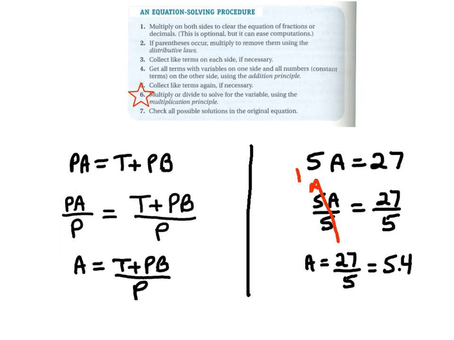In this situation, instead of dividing by 5, I divide by p, again the coefficient of the variable of interest. I'm left with a on the left-hand side, that's what I'm trying to solve for. And on the right-hand side, I have this expression, t plus pb over p, and that's because I had to divide by p on both sides of the equation. So I've isolated a, the variable of interest, solved for a, and this is my rearranged formula.